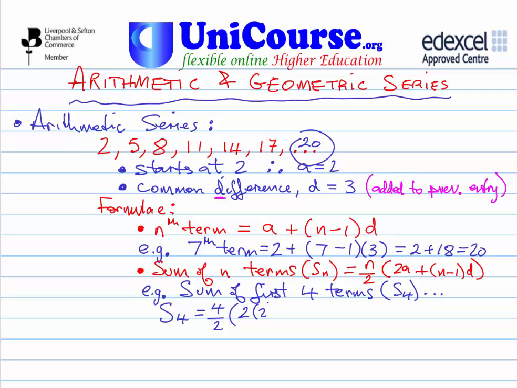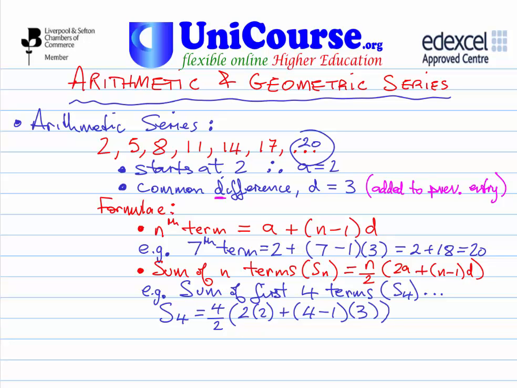Well, in this case, we know that a is 2, plus n minus 1, 4 minus 1 lots of d, and d has a value of 3. So we put a 3 in there, close that bracket, so that bracket there matches that opening bracket there.